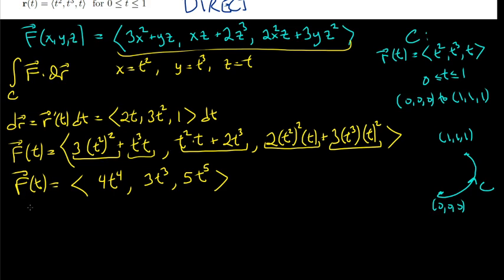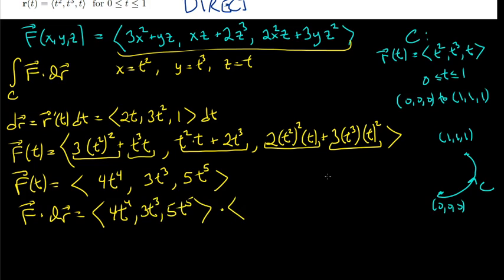with respect to t. So now f dot dr is just this vector field, dot product with dr, which is 2t, 3t squared, 1 dt.